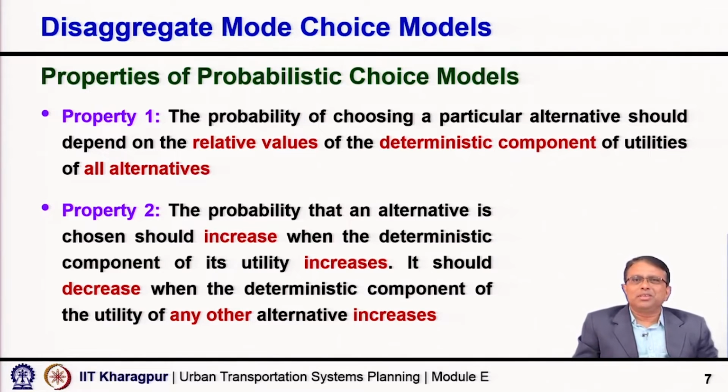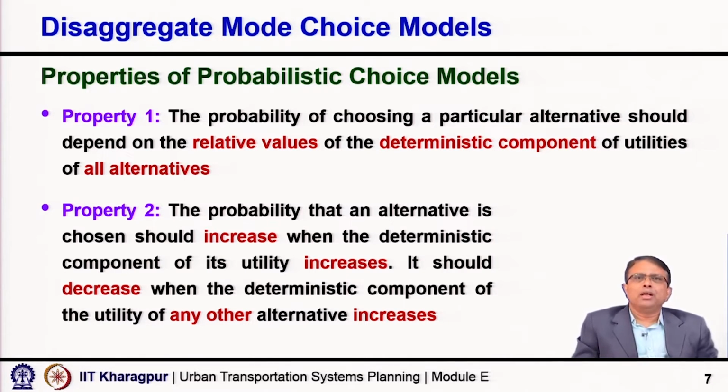The probability that people will use car will not only depend on the deterministic component of utility of car, but also on that of drive alone, carpool, bus, or in a real situation, metro if it is operating. All alternatives have to be considered.